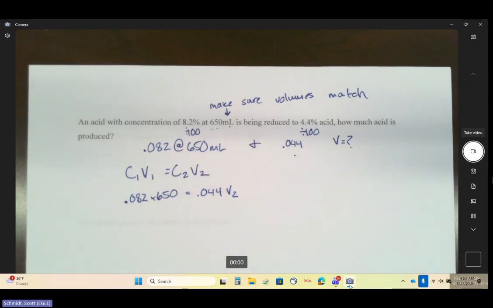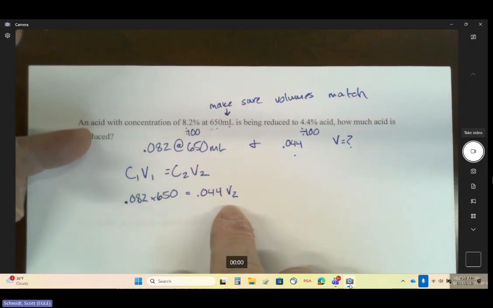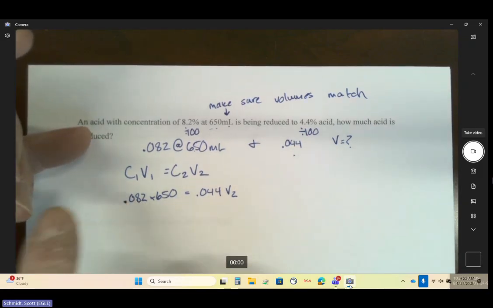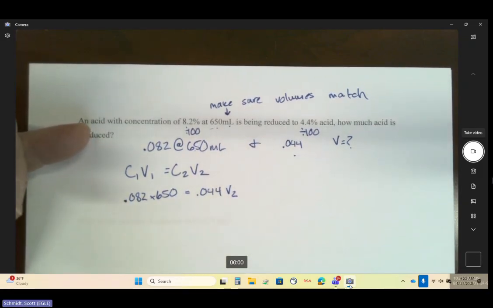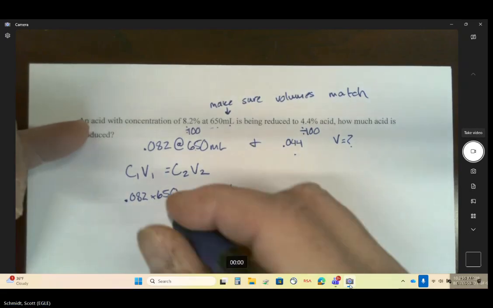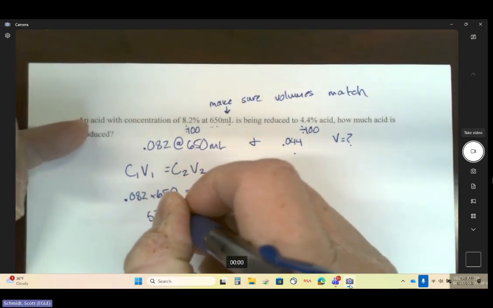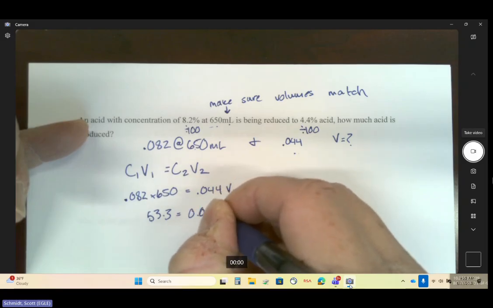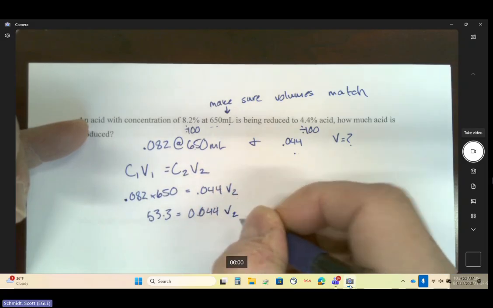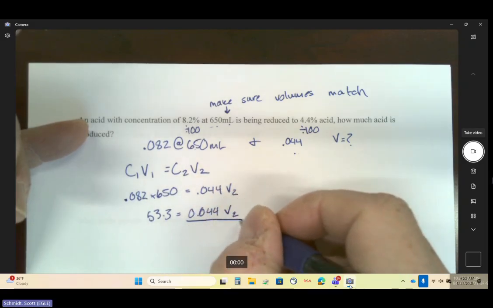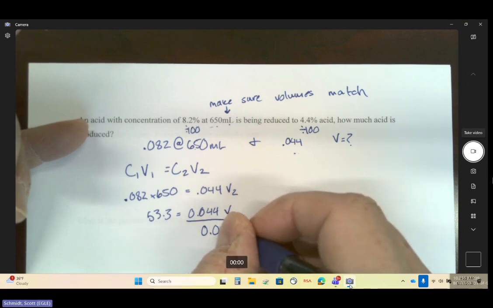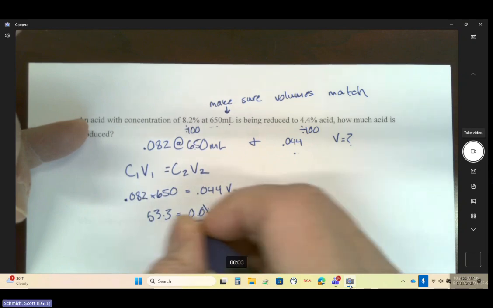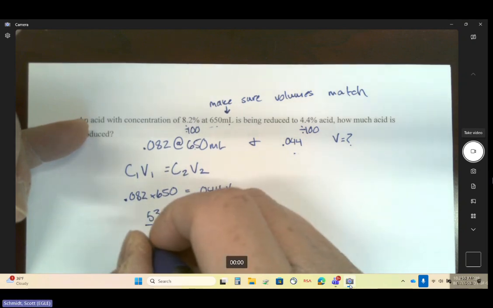Okay. So all you do to solve for this is a little bit of algebra. So we got 0.082 times 650 gives me 53.3 is equal to 0.044 V2. So you have to divide each side to get rid of the 0.044 here. Well, whatever you do to one side, you have to do the other.